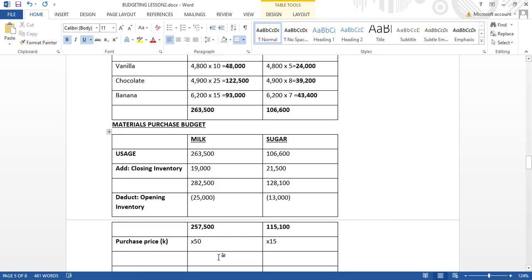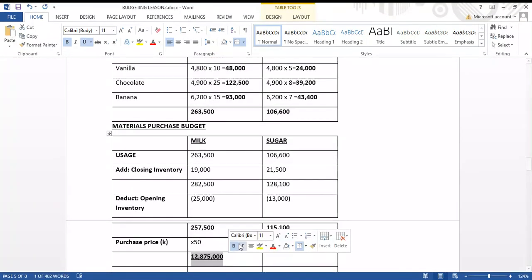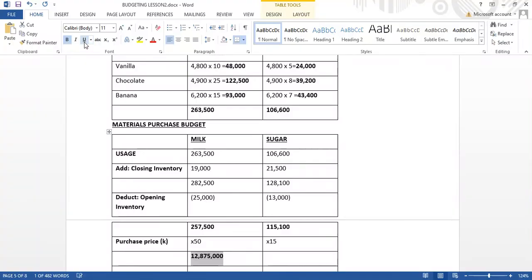All right, so 257,500 times 50. It's going to cost us 12,875,000 kwacha for 257,500 liters of milk, right?